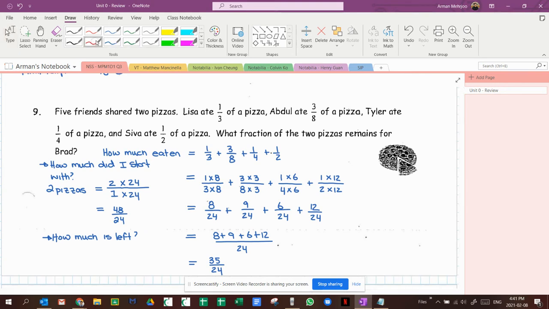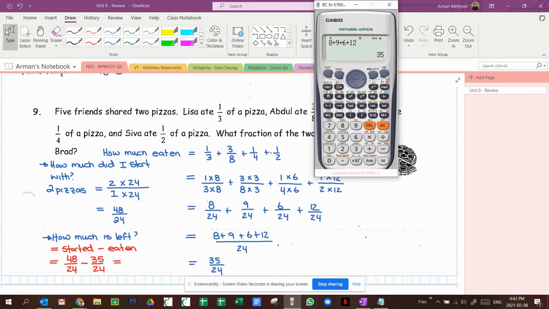How much pizza is left? Well, to figure out how much is left, it's how much I started with minus how much was eaten. So I started with 48 over 24. They ate 35 over 24. How much is going to be left? I could just do 48 minus 35.